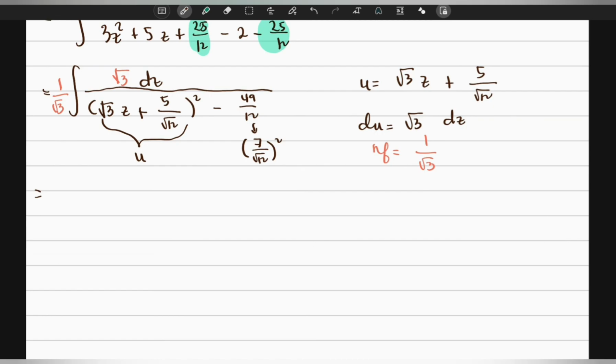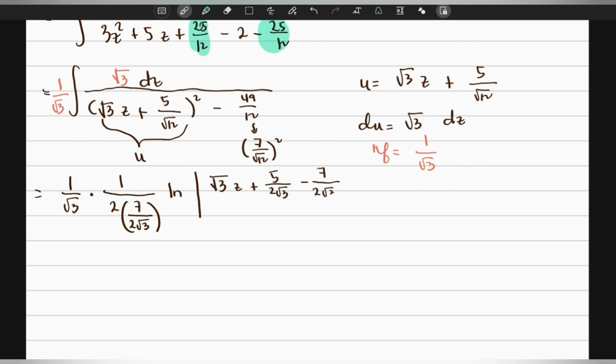Okay, sige. Gawin na natin. So, we have 1 over square root of 3 times 1 over 2a. Ilagay na natin yung value nung square root of 12, which is 2 square root of 3. Tapos we have ln of the absolute value of square root of 3 z plus 5 over 2 square root of 3, tapos minus 7 over 2 square root of 3.